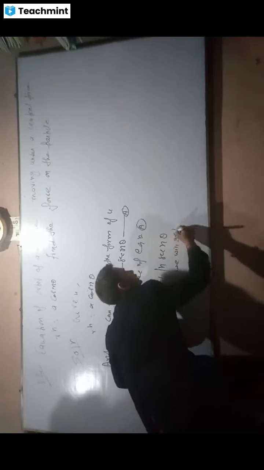We will get 1 by u du upon d theta, that is 1 by u del u upon del theta, equal to, differentiating the constant gives 0, plus the derivative of log sec n theta equal to 1 by sec n theta into sec n theta into tan n theta, and this function is also an angle, so differentiating gives n.